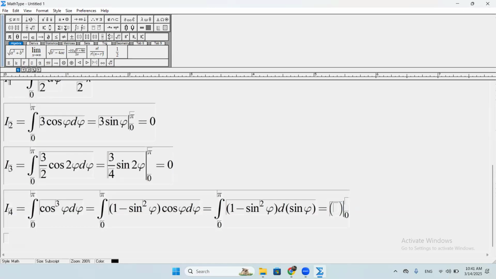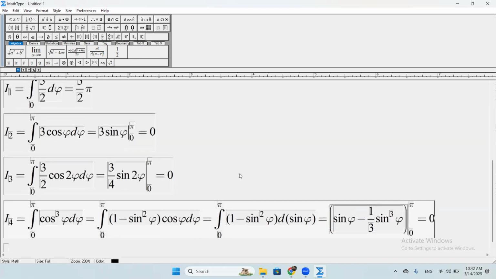So from 0 to pi, sine of phi minus 1 over 3 sine cube of phi. And if I substitute pi and 0, we will receive 0.